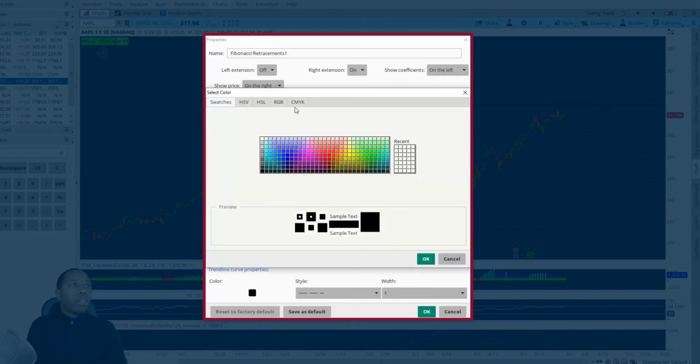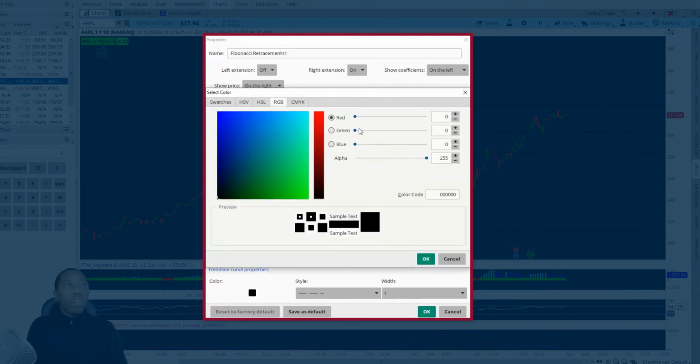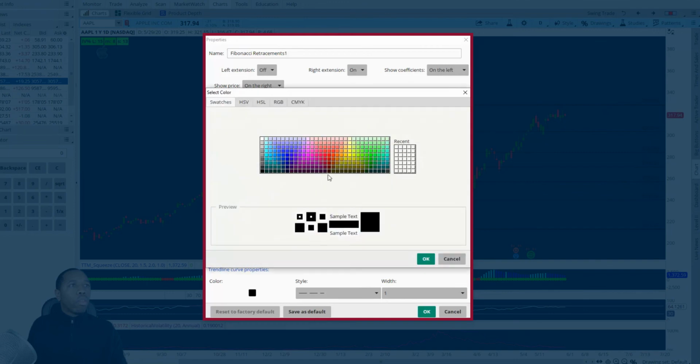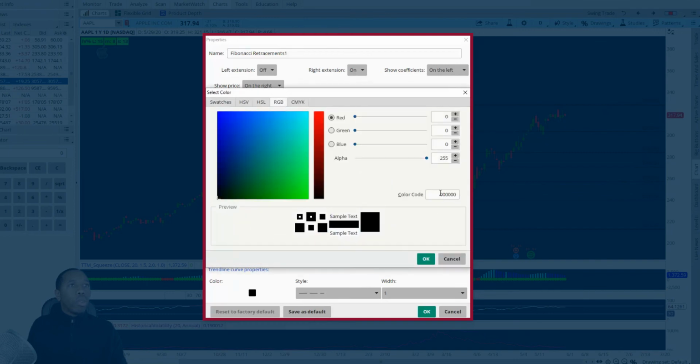Okay. 786. We want to go with this color here. 574D83. And the 1, I'm going to leave that black, but the 1.272, we want to go with 66CC00.